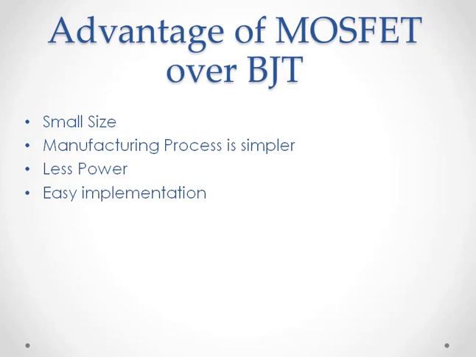It is because of these properties that it is possible to pack a large number of MOSFETs, as many as 2 billion, on a single IC chip to implement very sophisticated, very large scale integrated digital circuits such as those for memory and microprocessors.